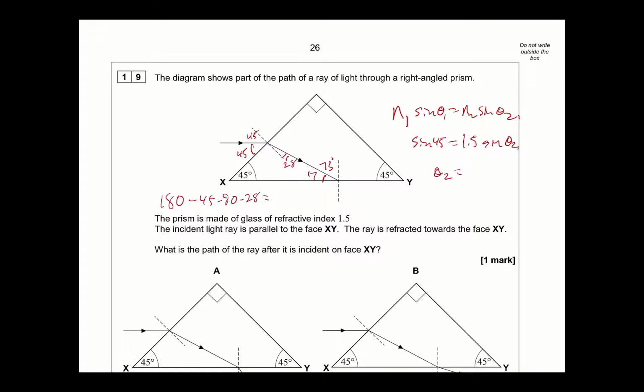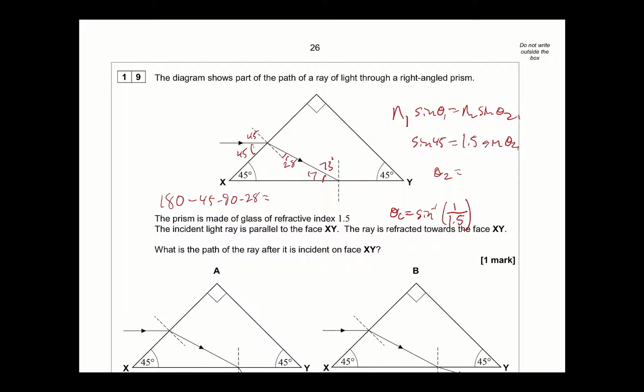Okie dokie. So now I have to figure out what theta c is. 1 divided by 1.5? Yes, it would have to be.